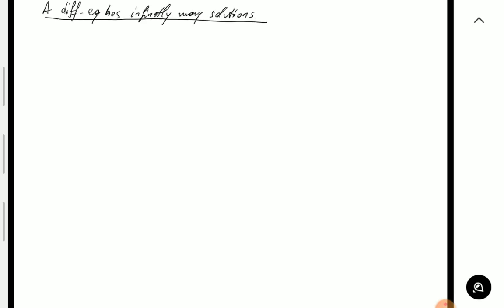So you will learn that homogeneous linear differential equations form a vector space.